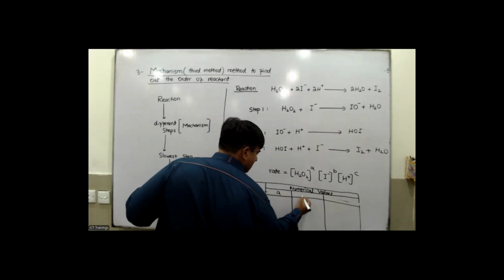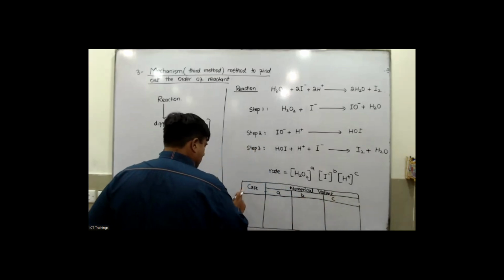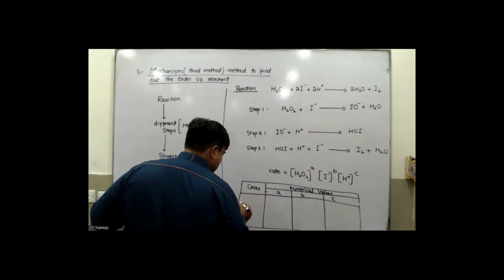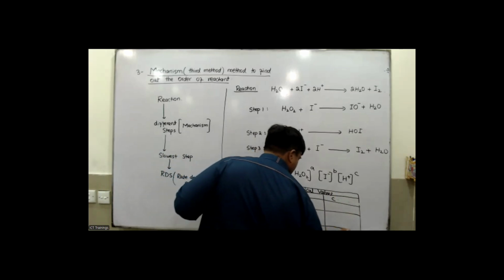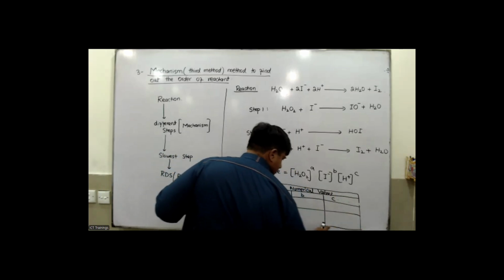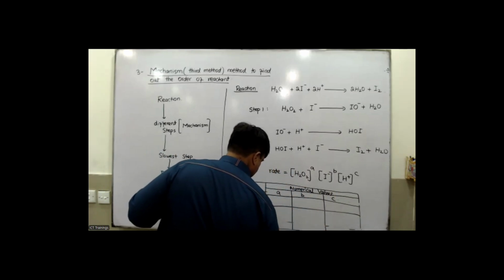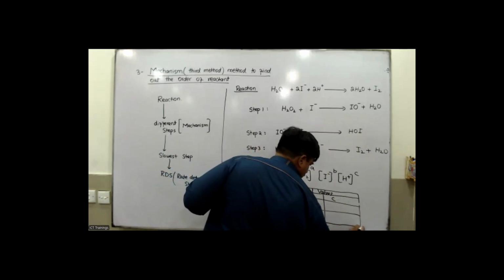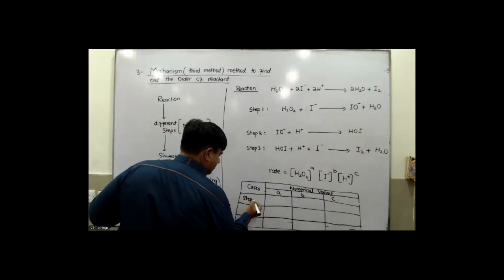This is A, this is B, this is C. Here I'm going to take different cases. The first case I'm going to take is step one is slow.